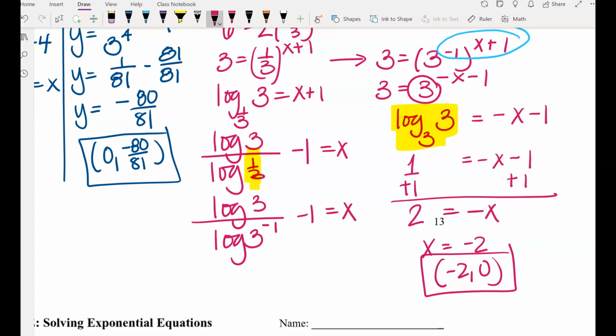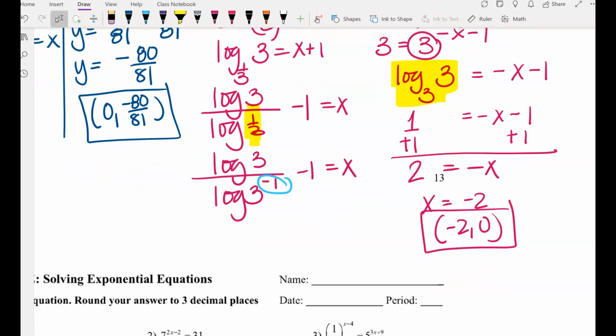Just like that. Well, in log, students, an exponent can be rewritten as a product. That means I'm going to move the negative 1 in the front and multiply that to log of 3. And again, I'm just going to copy the 1 down.